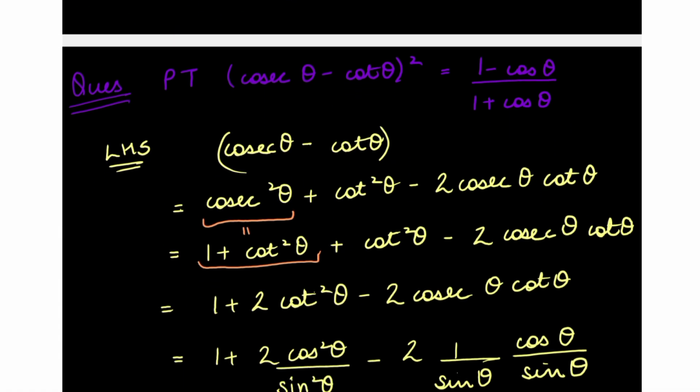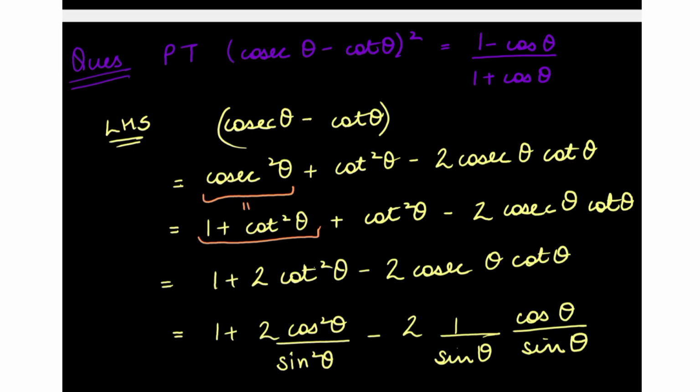Next question. Prove that cosecant theta minus cot theta whole square is equal to 1 minus cos theta upon 1 plus cos theta. Sorry, I have forgotten to write the square here. Cosecant theta minus cot theta whole square: a minus b whole square gives us a square plus b square minus 2ab.